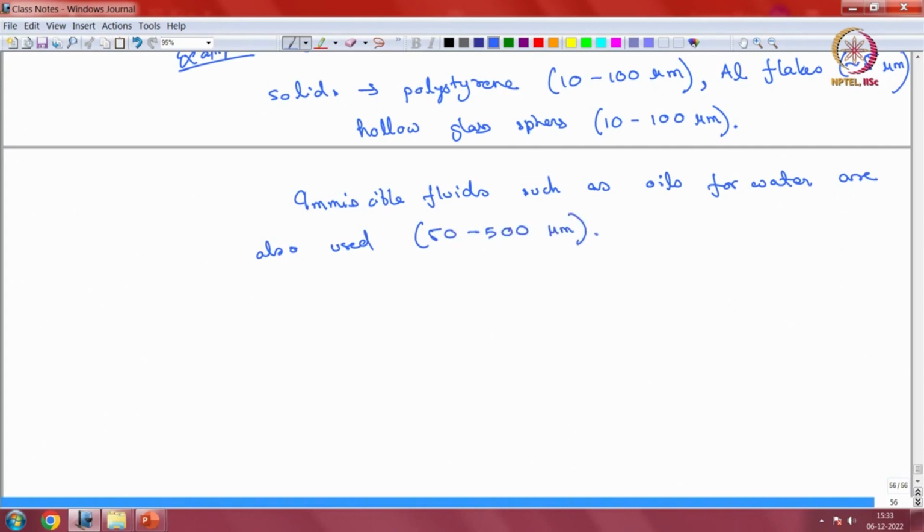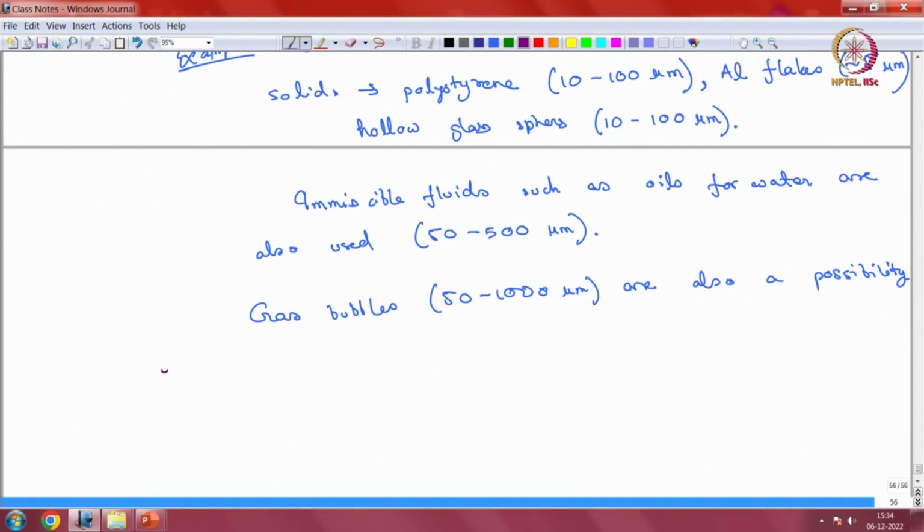Again, these are all indicative numbers. Gas bubbles, 50 to 1000 microns, are also a possibility. So you can see we are discussing some of the practical aspects of adding a tracer, and you will have to figure out your tracer particles for yourself.